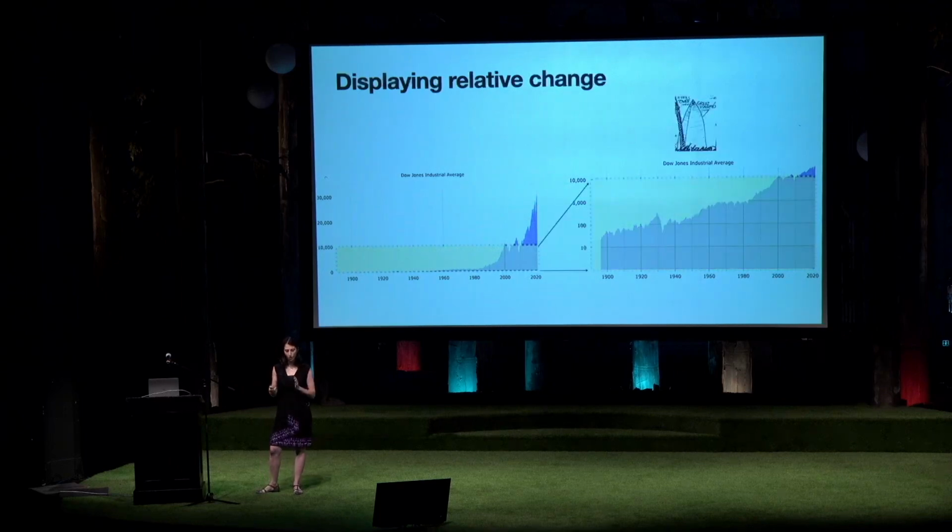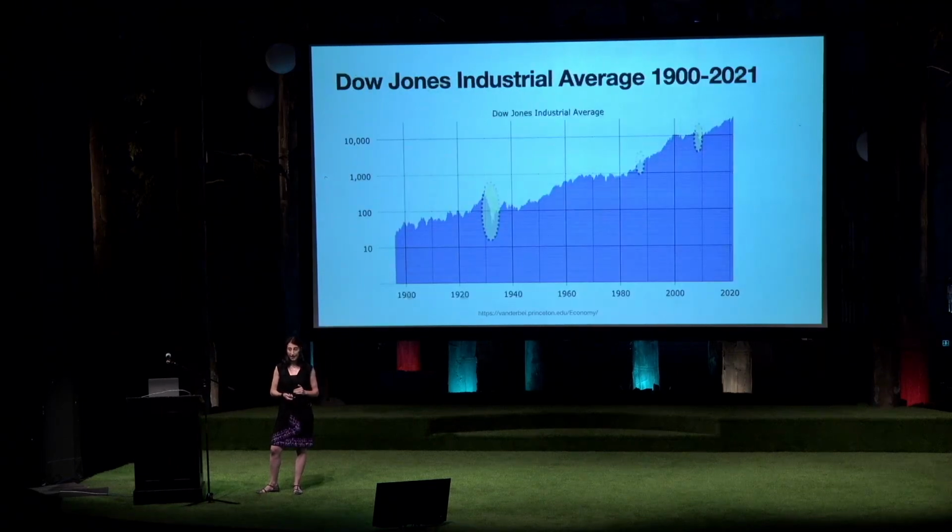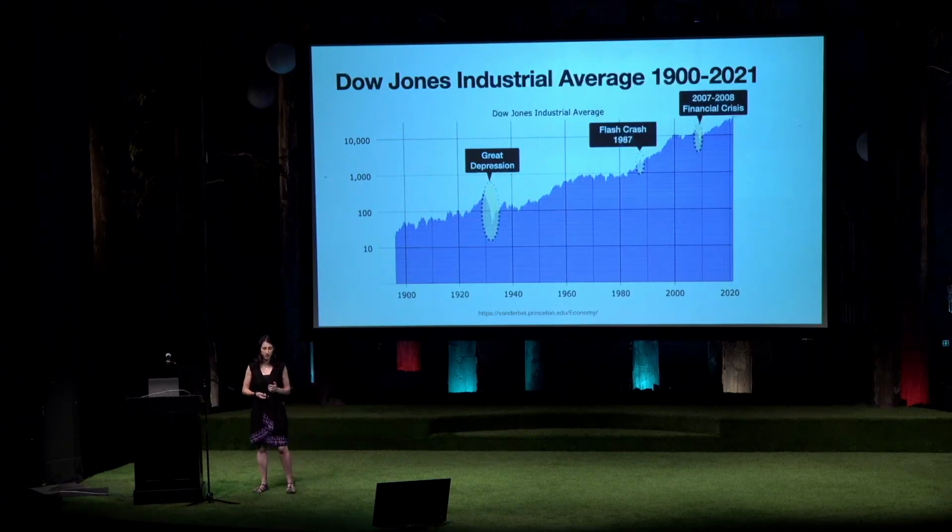And on the log scale graph, we have more room to fit those values. So they're actually going to look stretched up like the Great Pyramid. And that means we can see the rates of change clearly. So the Great Depression, the beginning of it, is actually back to us, even though we're now visualizing 100 years worth of data. And we can also see the 2007-8 financial crisis, which some of us had to live through.